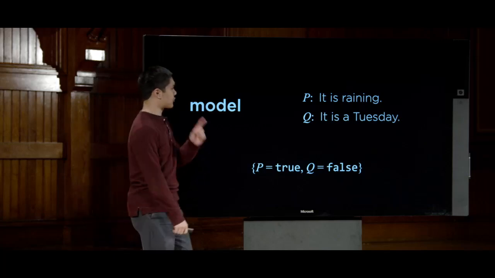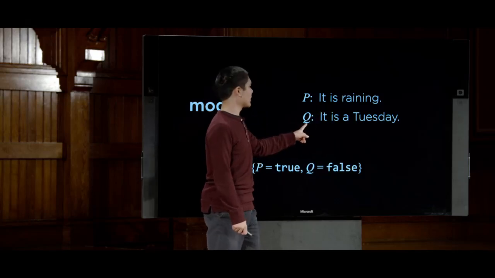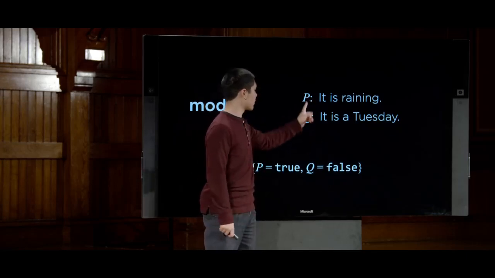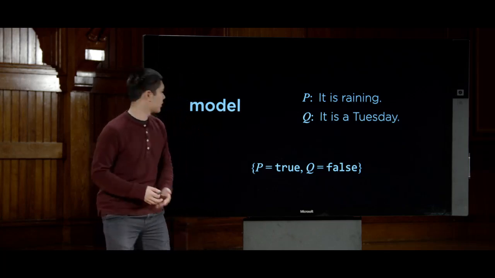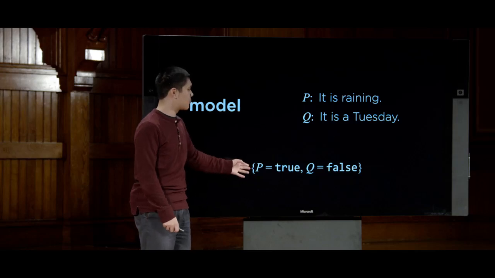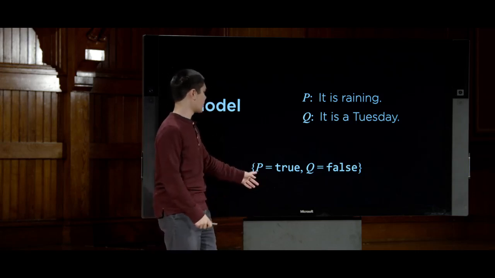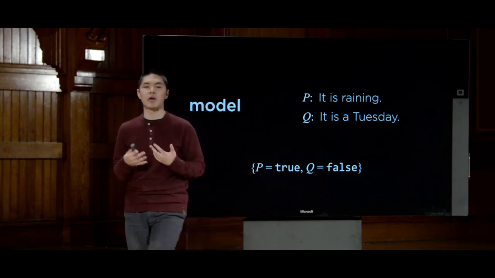So let me give an example. If, for example, I have two propositional symbols, P is it is raining, and Q is it is a Tuesday, a model just takes each of these two symbols and assigns a truth value to them, either true or false. So here's a sample model. In this model, in other words, in this possible world, it is possible that P is true, meaning it is raining, and Q is false, meaning it is not a Tuesday.